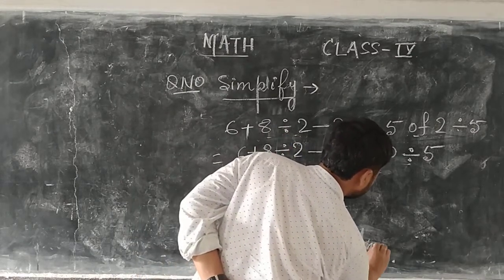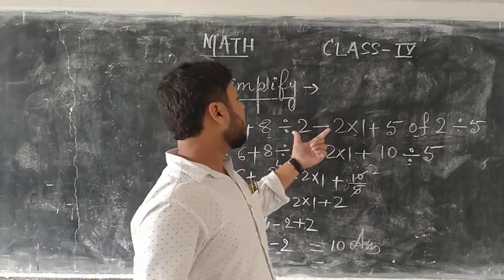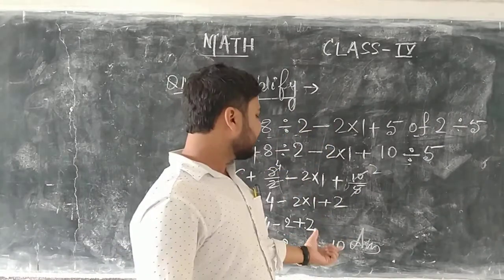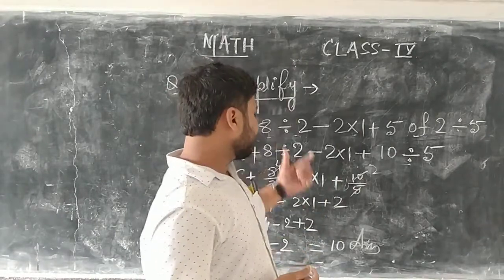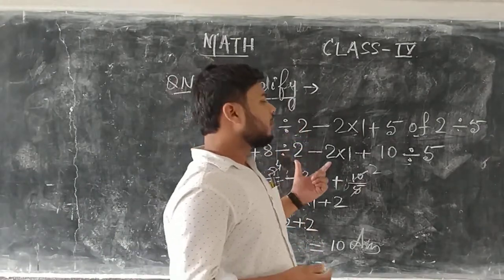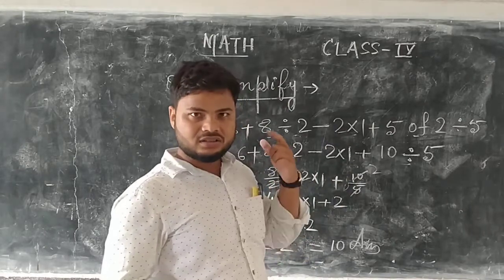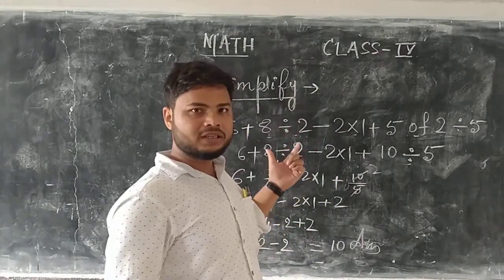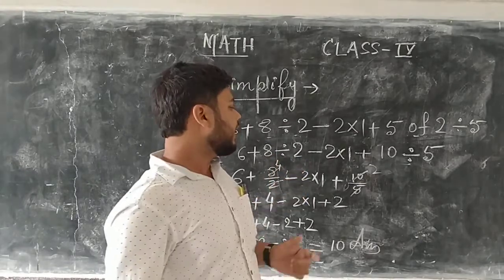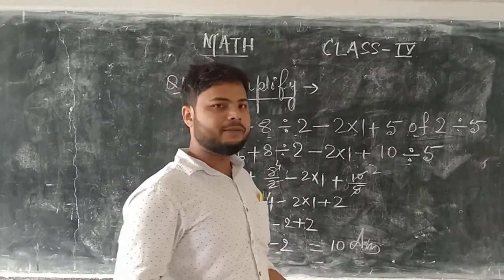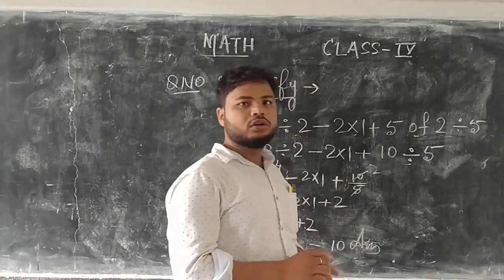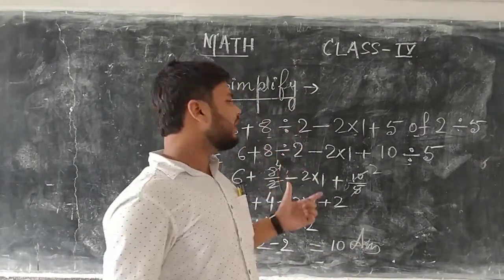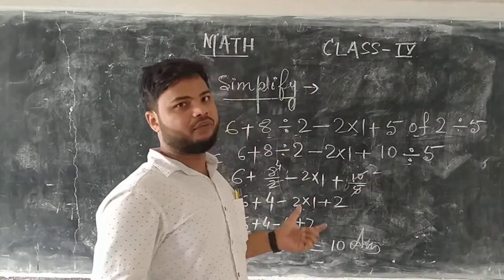This will be the right answer of this given simplification, 10. How do we get this answer? After following the BODMAS rule. Then we can simplify this type of question according to BODMAS. If we do not follow the BODMAS rule, we will not get the correct answer.